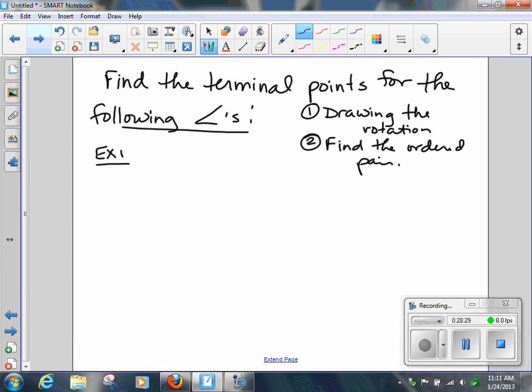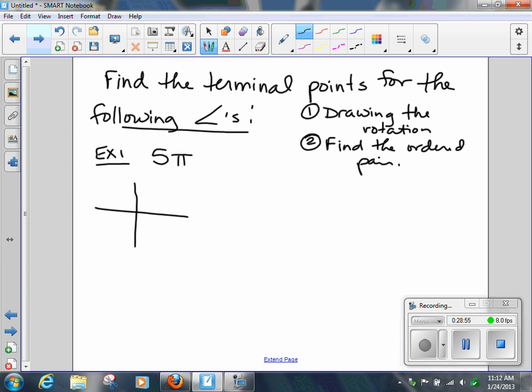Draw the rotation, and then you're going to find the ordered pair. Here we go. Check this one out. The angle is 5 pi radians. We literally have to draw this thing out. Now, here's what I want you to do. Where does the angle start? All angles start where?